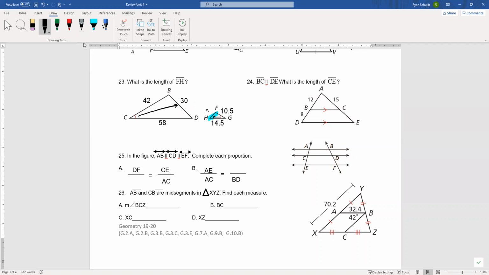Let's just call this X. So I can set up some ratios here. I can say that X over 30 equals 14.5 over 58.